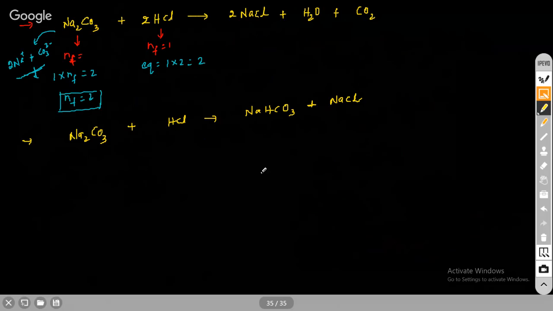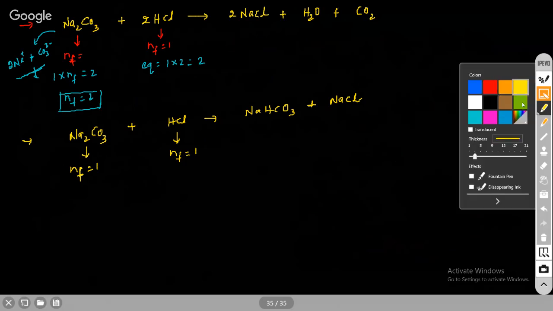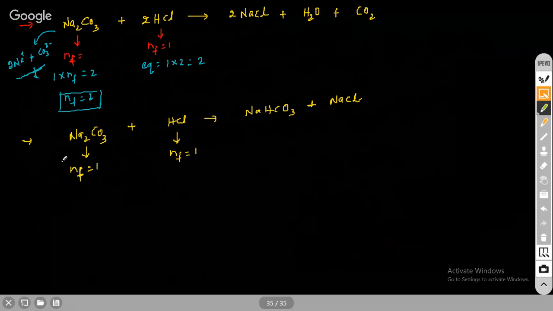Now here its n factor is 1, number of equivalents is 1. So for this also n factor is 1, right? Number of equivalents also 1. So if you calculate here the equivalent mass of Na2CO3, that will be M by 1, which is the n factor, and in the earlier reaction it is M by 2, which is the n factor of Na2CO3. Okay.